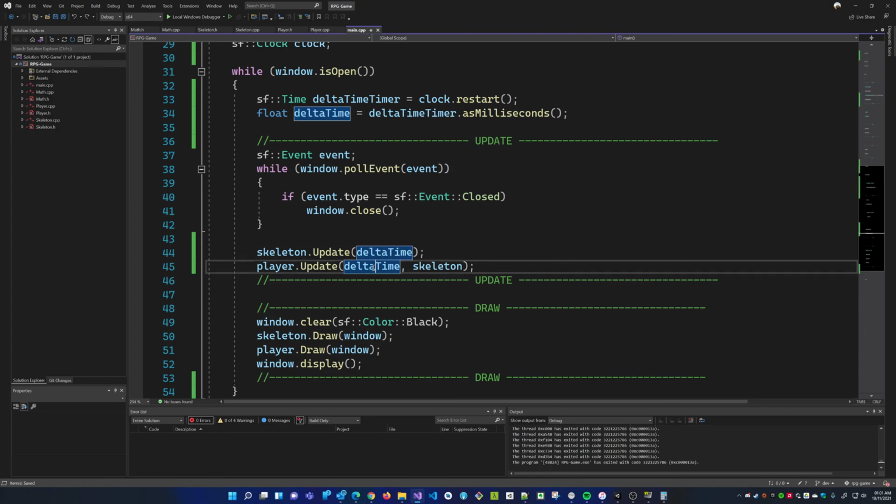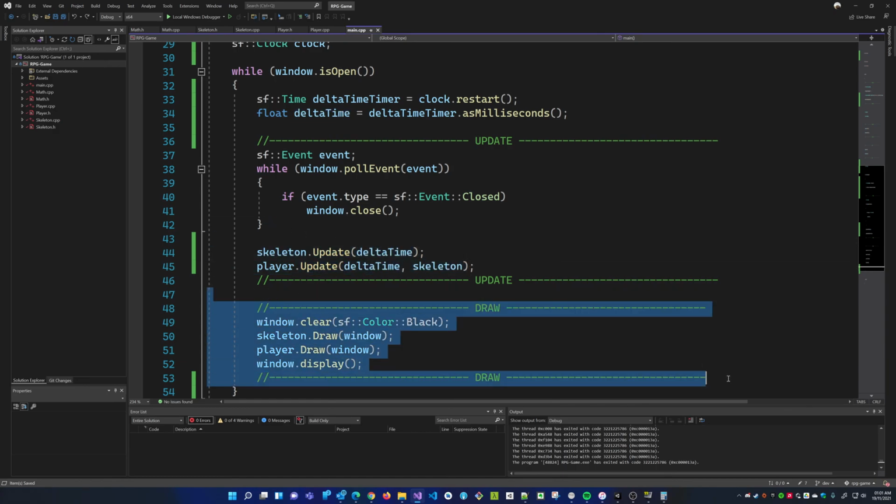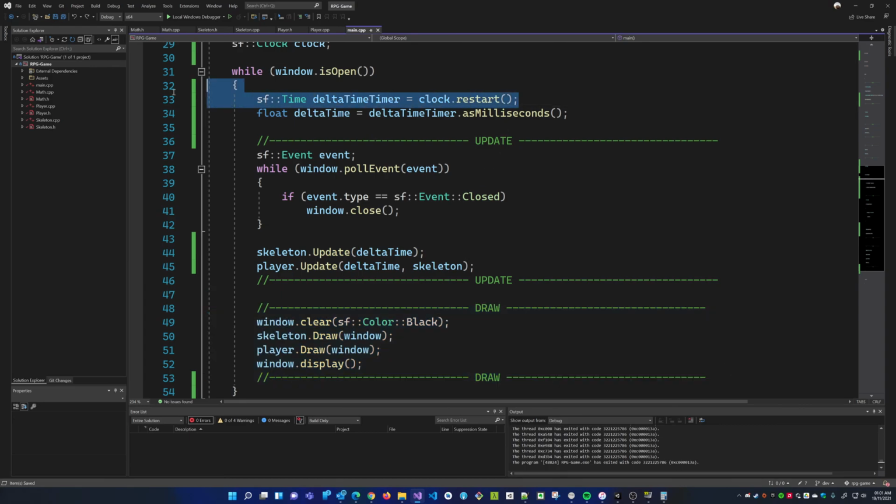I take deltaTime and pass it. The previous frame took 60 milliseconds. I pass the 60 milliseconds, and I go render my second frame. Let's say my second frame took 50 milliseconds. So I store 50 in this variable, deltaTime timer. I restart my clock to 0, and now the 50 is stored in deltaTime, and I can use it here.